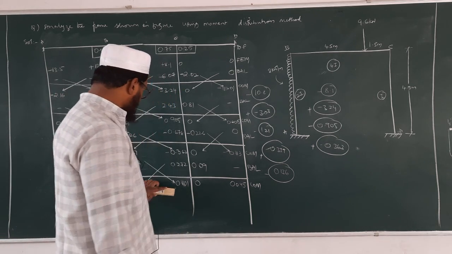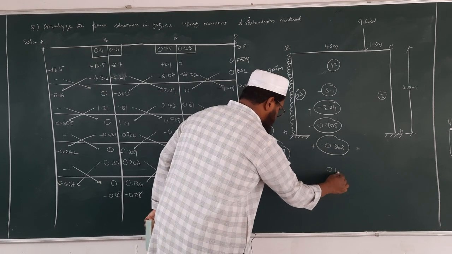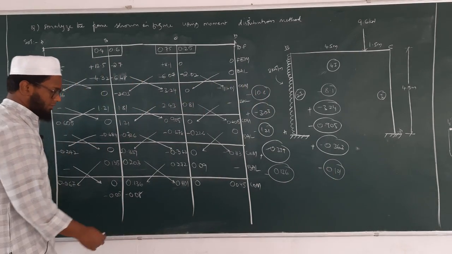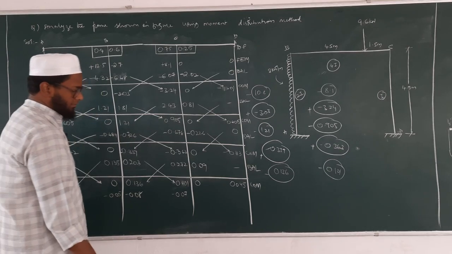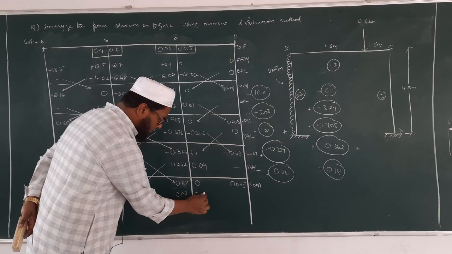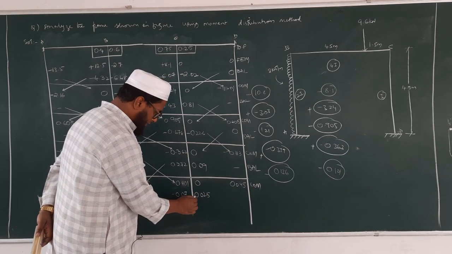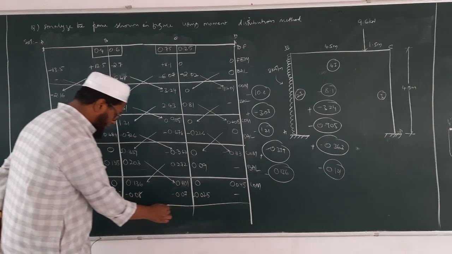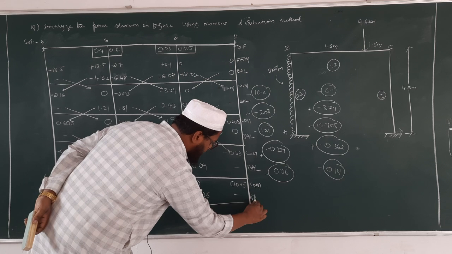It is plus 0.0110. 0.101 will make it as minus. Minus 0.07. Next is 0.025. Minus, yes. So here no need of doing anything. So now this is balancing.